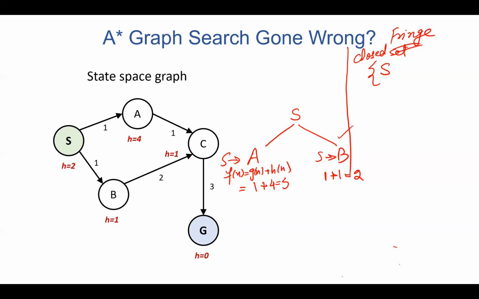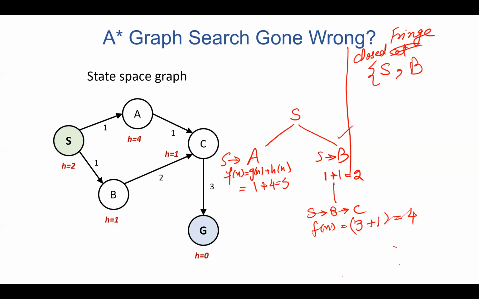We will expand B. So from B, we can go to C, right? And we put B in our closed set. All right. What is f of n at C? S, B, C, which is g of n is equal to 3, and then h of C is 1, right? So this is 4.